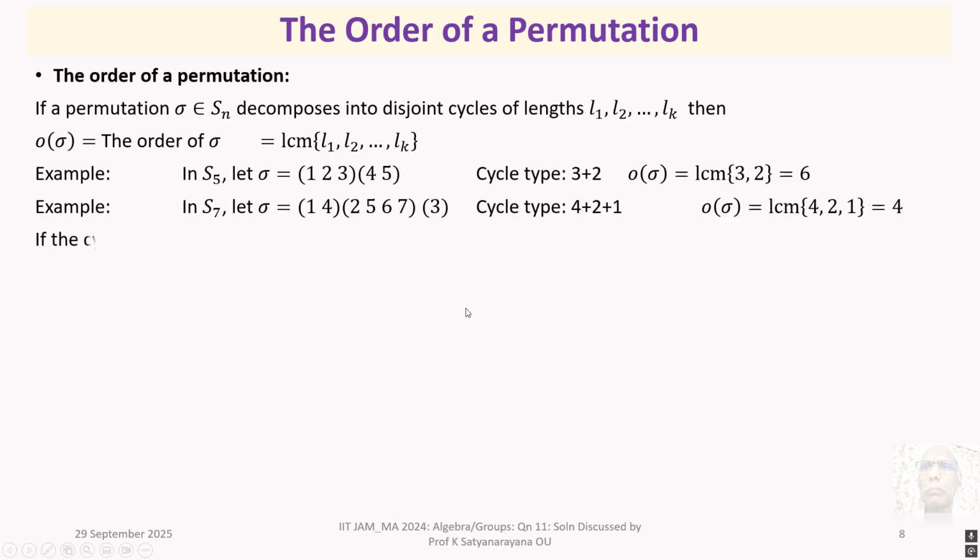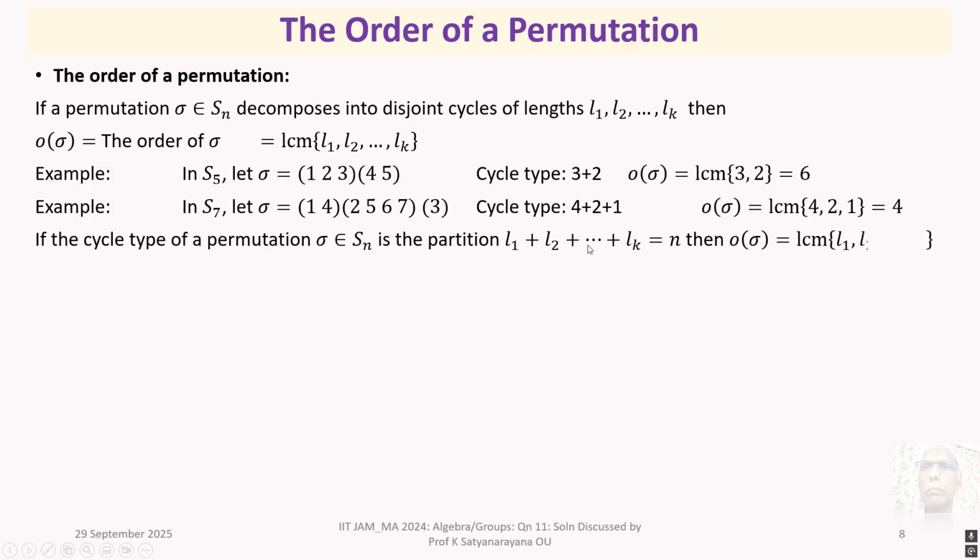If the cycle type of a permutation sigma belonging to Sn is the partition L1, L2, ..., Lk of n, then the order of sigma is the LCM of L1, L2, ..., Lk. So, take a permutation, write the cycle decomposition, and from that you get a cycle type.